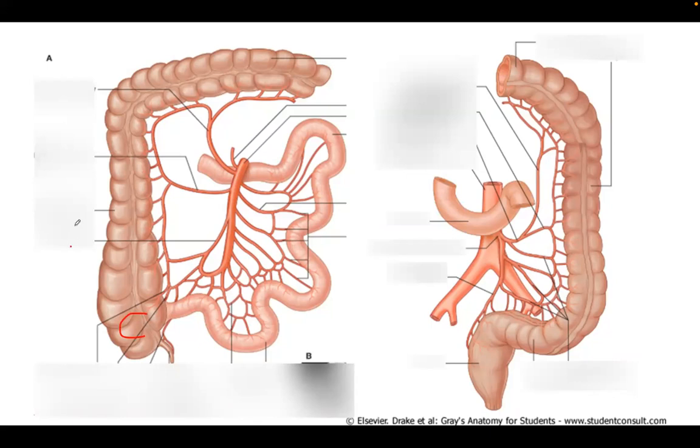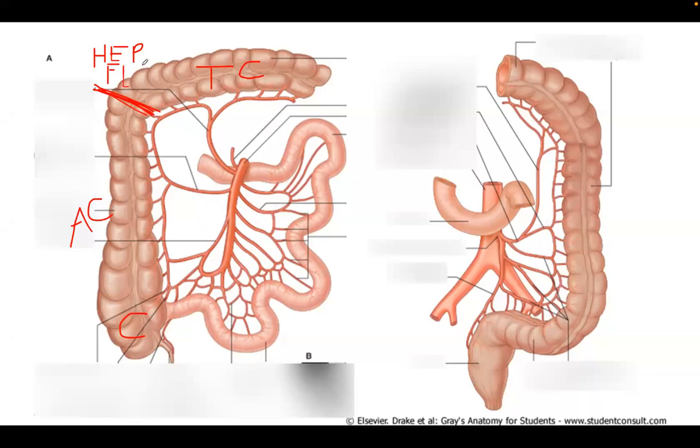This is now the ascending colon. This is the transverse colon. Now, what flexure do we call this? Is this hepatic or is this the splenic flexure? This is the hepatic flexure.